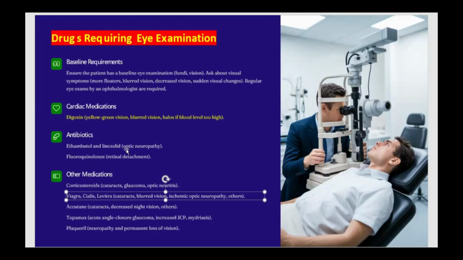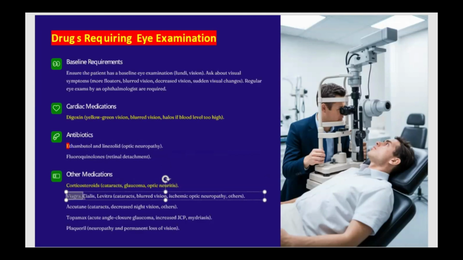If you remember ethambutol, we say E for the eye. This is for treatment of tuberculosis, and it can cause optic neuropathy. Fluoroquinolones can cause retinal detachment. We have other medications where you need to monitor the eye. Corticosteroid can cause cataract and glaucoma. We just mentioned that in other videos.